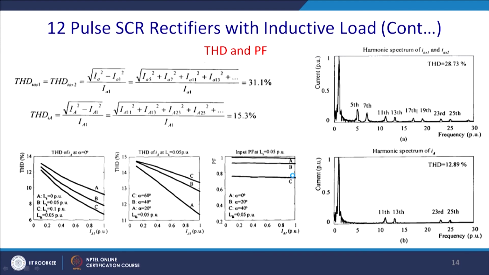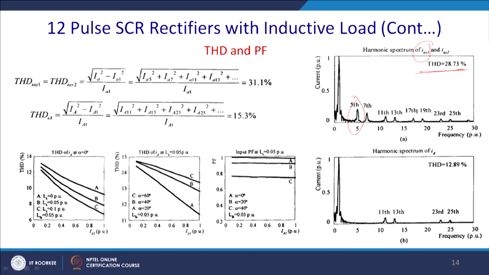And thus, what you can expect is that in case of the highly inductive load for the 12 pulse converter, individual ISA1 and ISA2, since it is a square wave waveform, will be reflected into the primary side. So, you can expect that THD will be as high as 30%, it is 28.73, and you will have the components of the 5th harmonic, 7th harmonic, 11th harmonic, 13th harmonic, and so on.